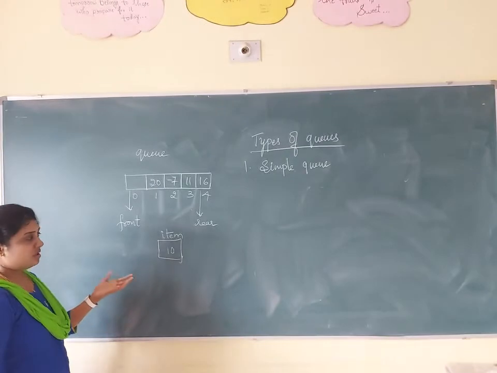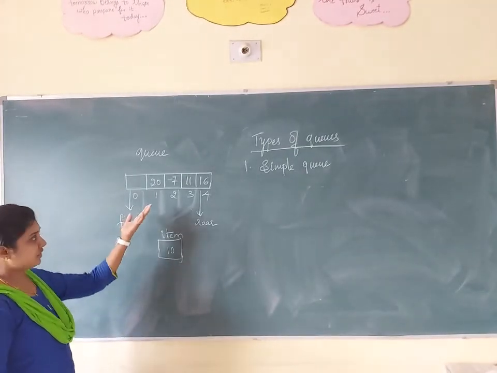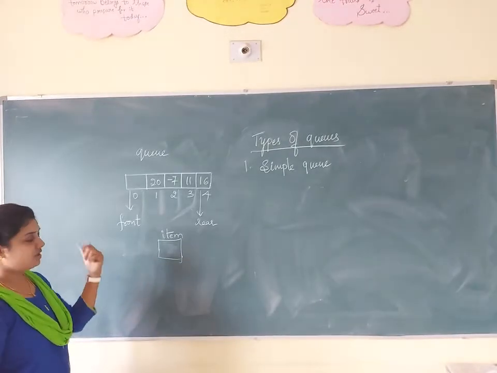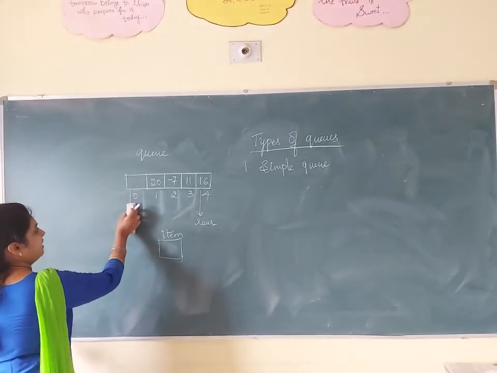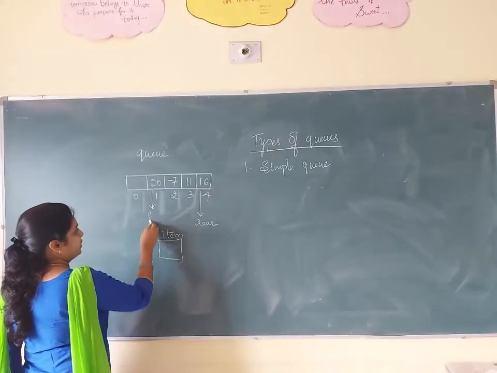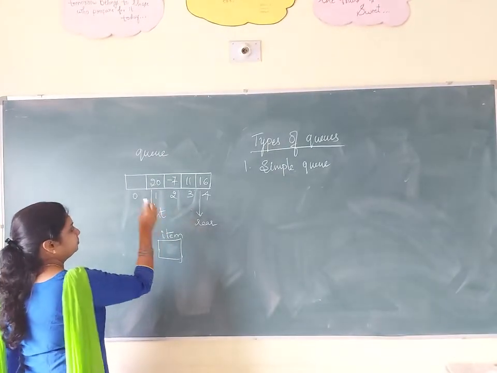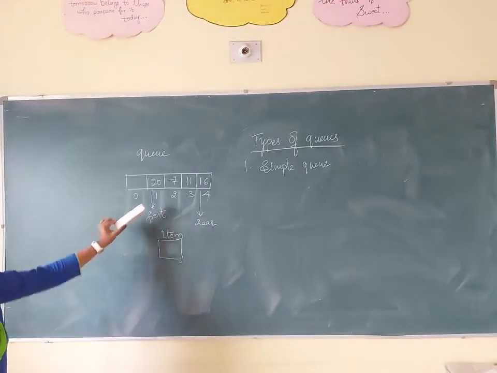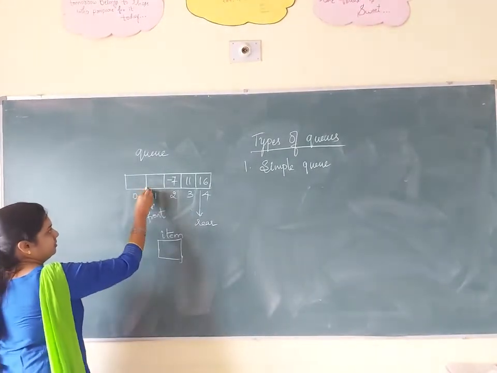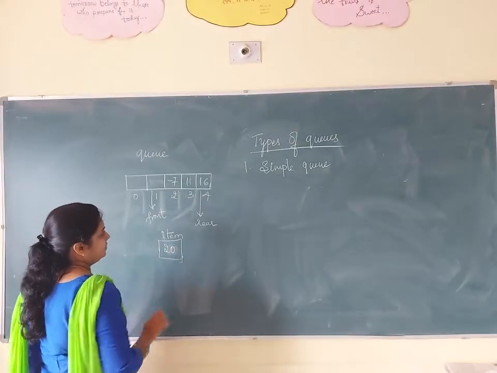Suppose I want to delete 20. So you have to increment front. Now front is pointing to 0, 0 plus 1, so the front is pointing to location 1. Take this 20 and store it in the temporary variable item.